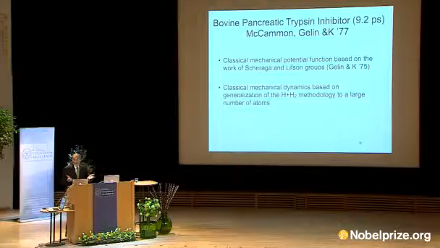We used the potential, slightly modified from the Schrager and Lifson group potential that was developed by Bruce Gellin. And we did essentially exactly the same thing as we had done for the 3-atom H plus H2 system, except we now had 500 atoms. But still classical equations of motion are applicable, and so it was a very natural generalization.